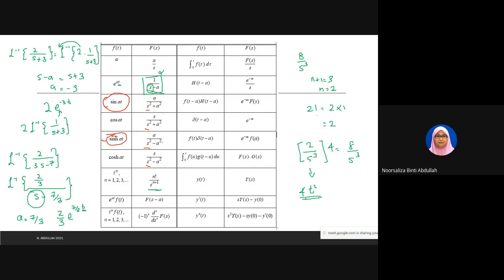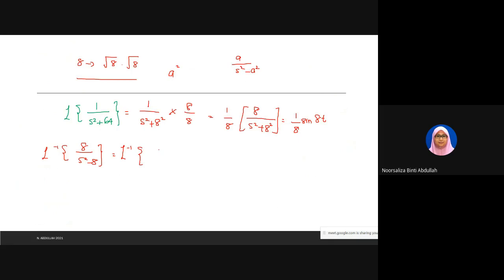Dekat atas pun mesti a. It should be the same, a and a here. So dekat atas ni you have a over s square minus. To get the a is actually square root 8 kuasa 2 kan? Square root 8 kuasa 2 is actually square root 8 times square root 8, you get 8. Right? Betul?